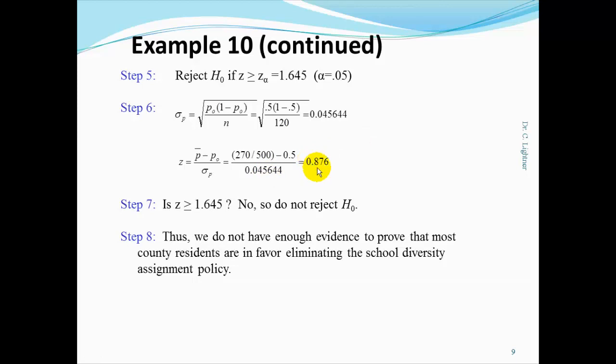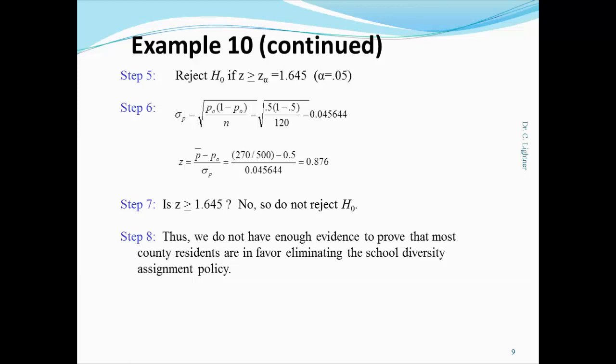In step 7, we're supposed to apply our rejection rule and the value of our test statistic in order to determine whether we should reject H0. Our rejection rule told us to reject H0 if Z is greater than or equal to 1.645.